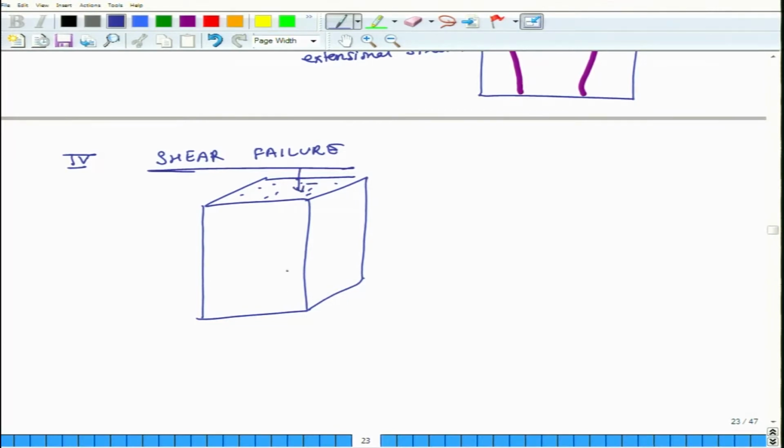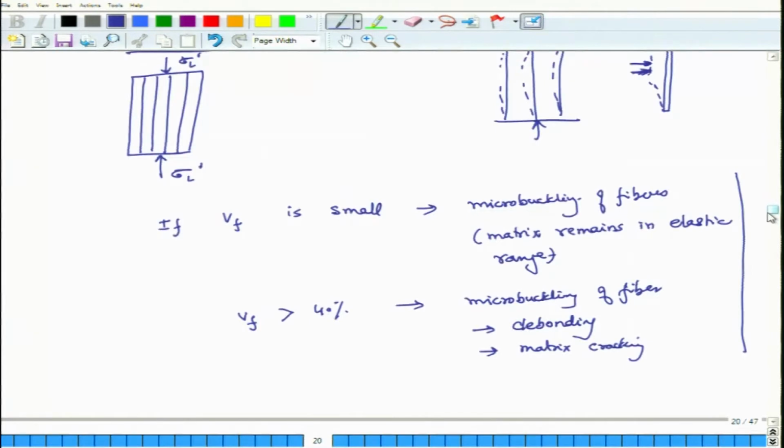I am applying a force like this and there is a failure along a particular plane like this. Okay. So, this slides in this direction. So, this is a shear failure. Typically, this angle is 45 degrees. So, these are 4 important modes of failure when a unidirectional composite is loaded in longitudinal compression.